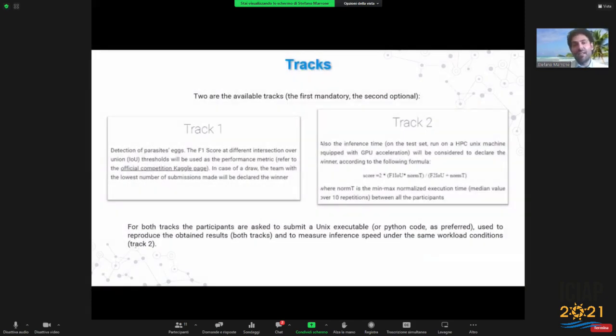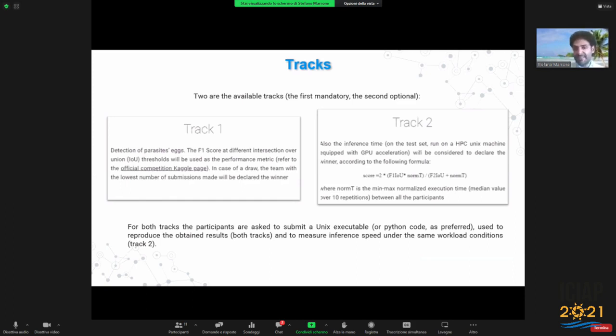In particular, for the challenge, we had 2 different tracks. The first one, track 1, was only focused on the detection of eggs, while the second track was also taking into account the computational power required to perform that detection.